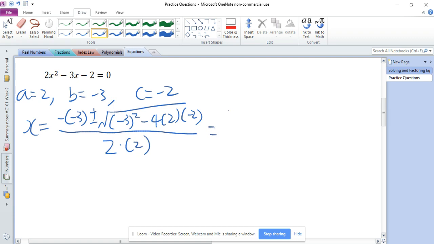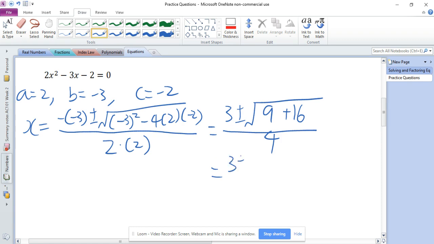Simplify that. 3 plus or minus the square root of 9 minus 4 times 2 times minus 2, which should be plus 16 because negative times negative. Divided by 4. So 3 plus or minus the square root of 25, divided by 4.